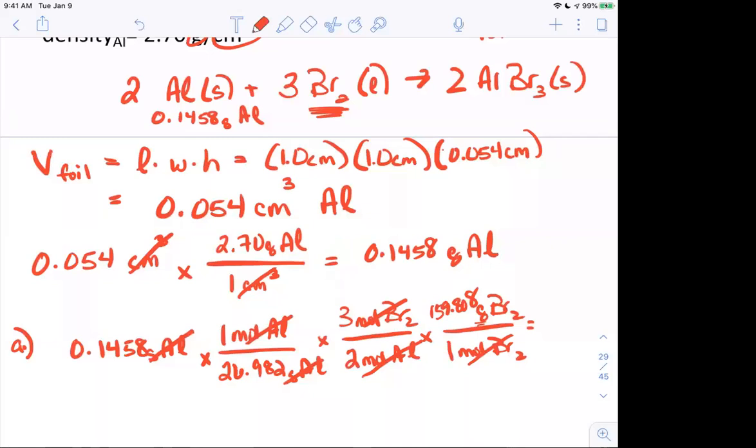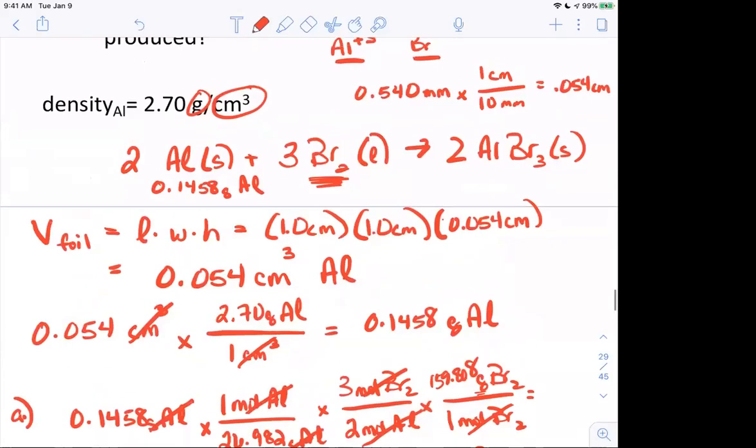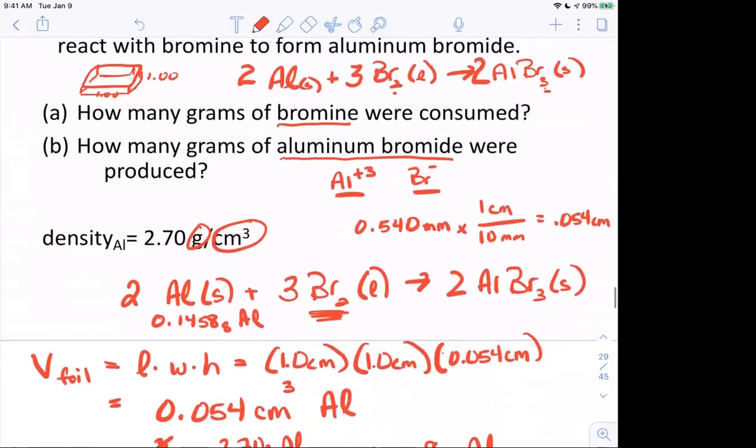That's going to give me, to 3 sig figs, 1.30. That's the amount of bromine that is going to react with that amount of aluminum.